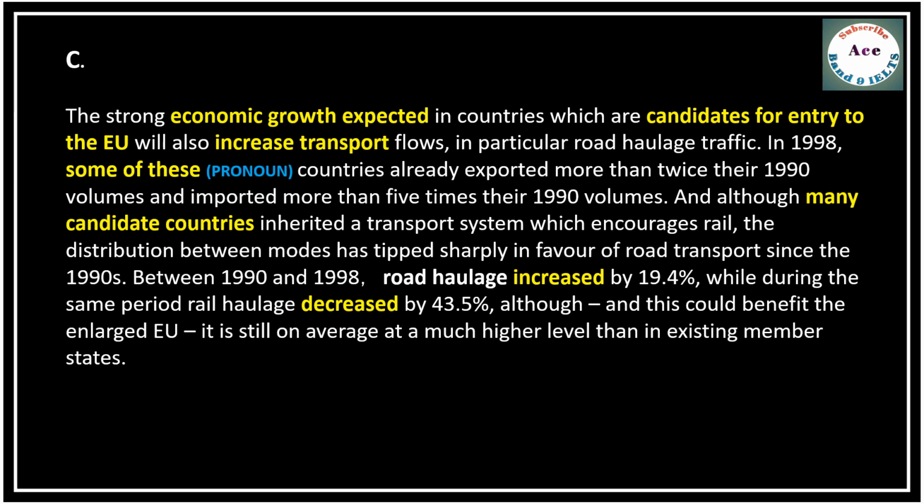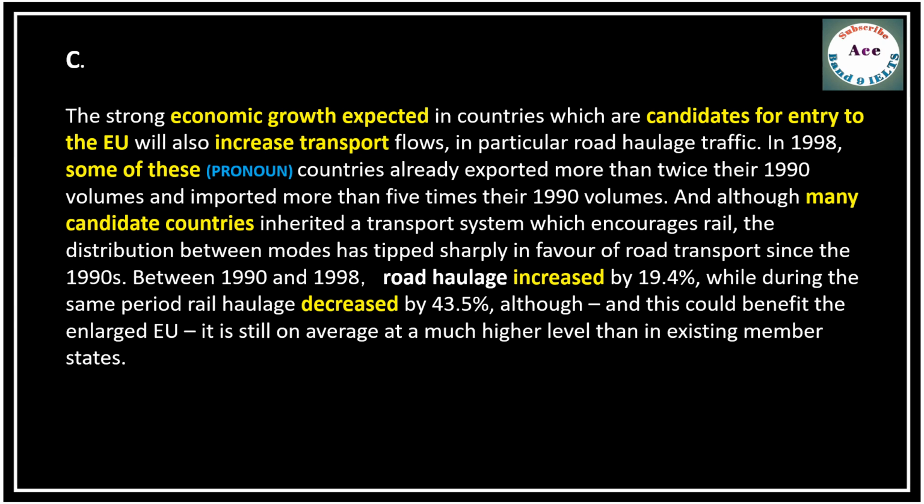So these countries are the candidates for entry to the EU. And the third sentence says, and although many candidate countries inherited a transport system, and so on. That means this whole passage is about the candidate countries seeking entry to the EU.